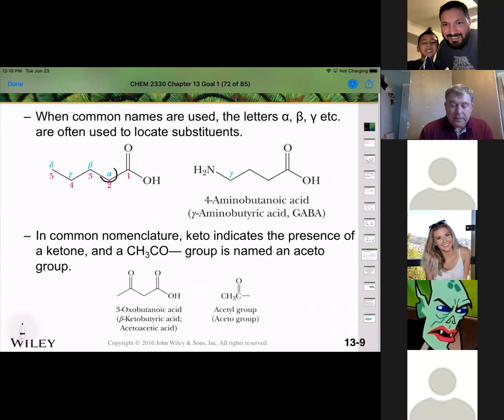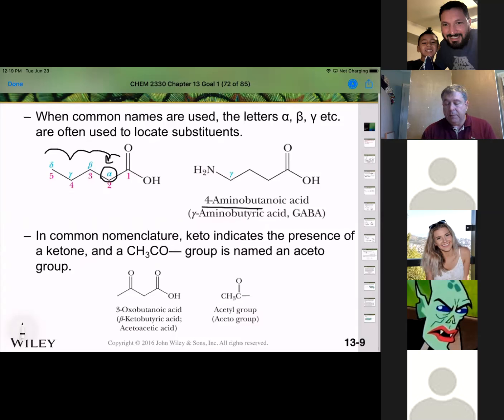We're going to use this again in our enolates chapter, which is chapter 15, so pay attention. In our common names, our alpha is the first carbon with hydrogens away from the carbonyl, and then beta, gamma, delta, okay? So when we use that designation, we know that it's a common name. If we say it's gamma something, then you know it's the common name versus the IUPAC name.